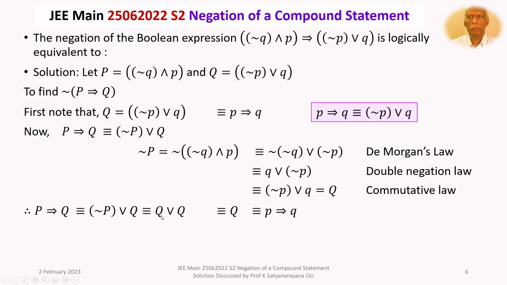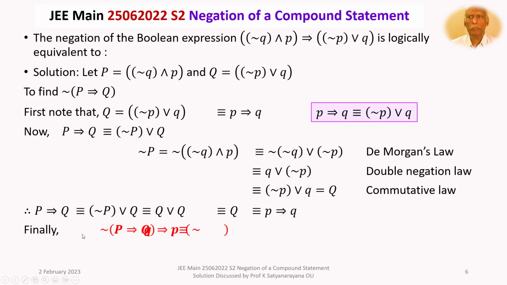So Q or Q is Q, and Q is if P then Q, that is P implies Q. So what we have is capital P implies capital Q is logically equivalent to small p implies q. So we want negation of that.